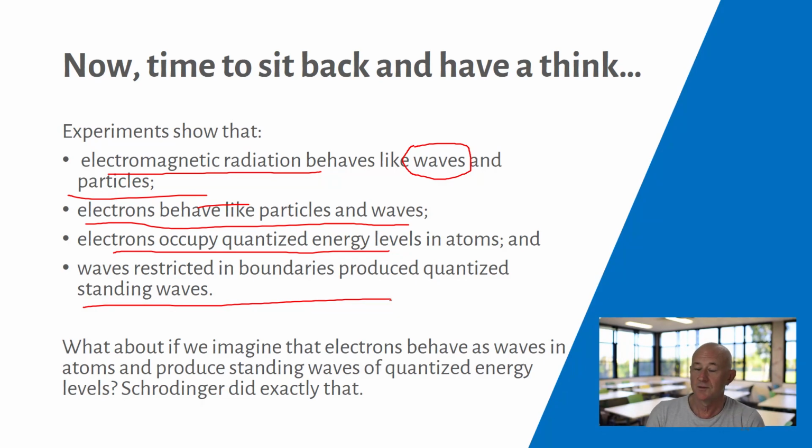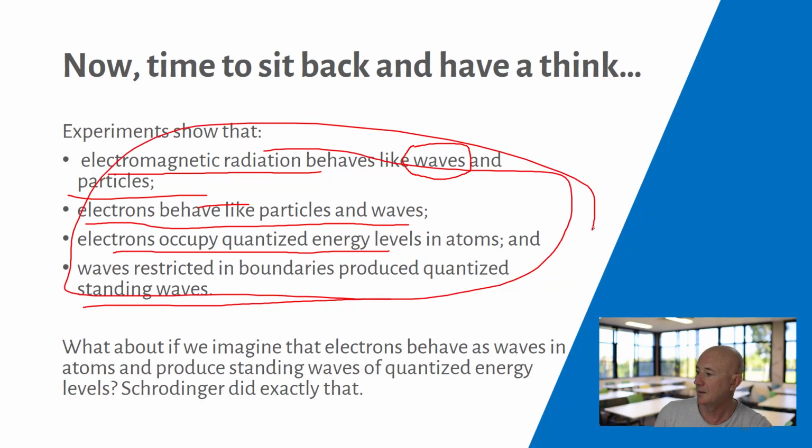Schrodinger's brilliance was that he pulled all of this together, and then he said, okay, well, I don't know if he really said this, but you can imagine him saying something like this. If we imagine that we have electrons behaving as waves in atoms, that is, there are boundaries, and they produce standing waves, they would do so at quantized energy levels. And he did the maths to show that that's the case.